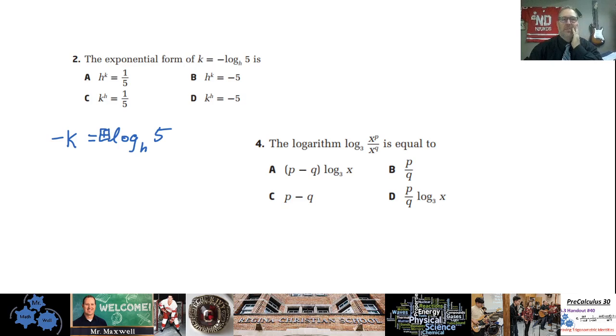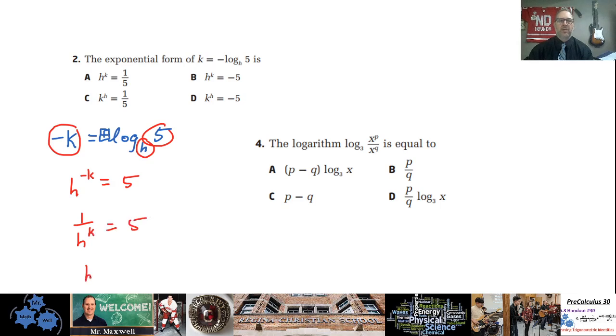So what this becomes now is h to the power of -k equals 5, which is the same as 1 over h to the power of k equals 5. If you take the inverse of both sides, which you can totally do, then h to the power of k is 1/5. And there we go. We got C there. That's a tricky one. So notice that this is out of place right here. You've got to do something with that. So divide both sides by a negative, or multiply, however you want to view that.